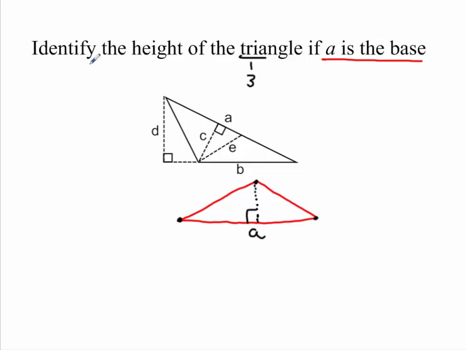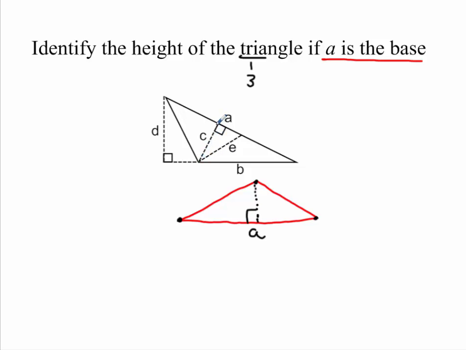So to identify the height of the triangle, I have to go back to the original image and ask which one of these dashed lines comes away from the vertex, goes to the base with side length A, and also forms a 90-degree angle. Looking at the image, I can only see 2 dashed lines.